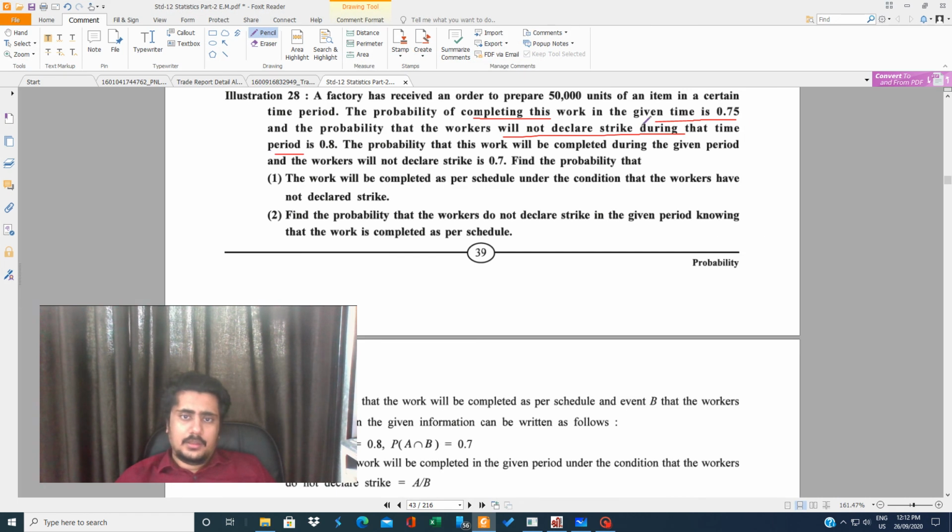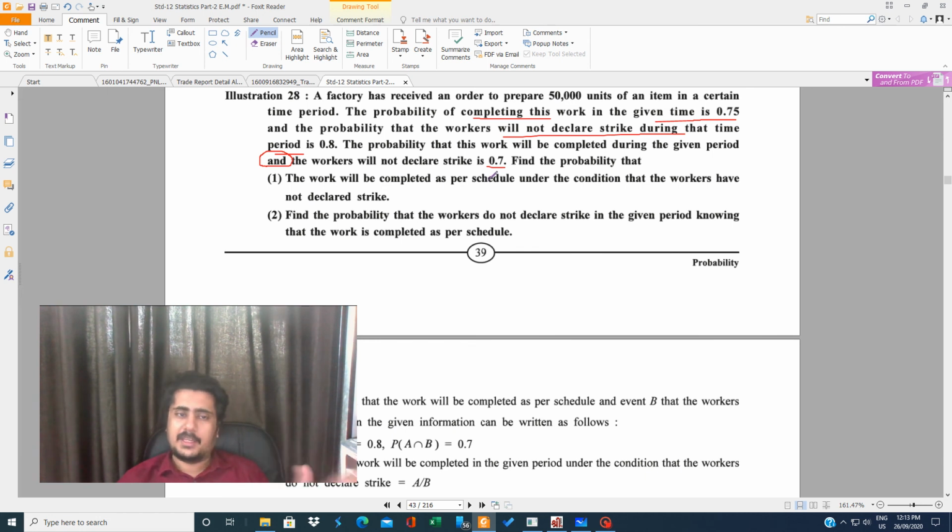Then the probability that this work will be completed during the given period and worker will not declare strike is 0.7. What is 0.7? You have to identify the question. If A and B occurs, see, work will be completed in the given time and worker will not declare the strike.